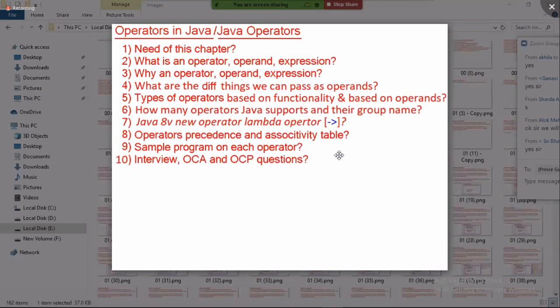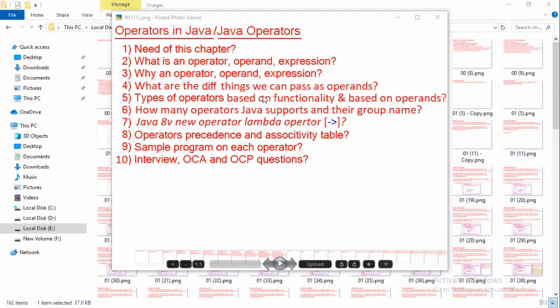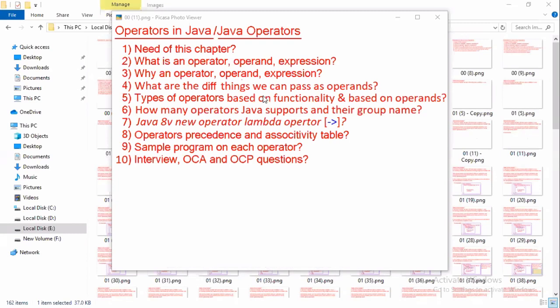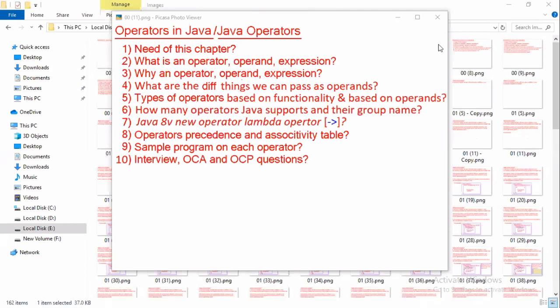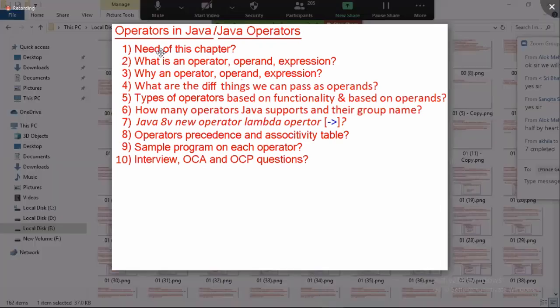Look at here. How many points we completed? We completed 7 points. Need of this chapter.